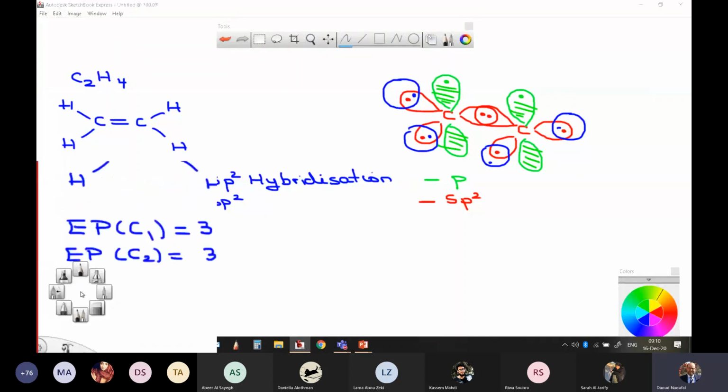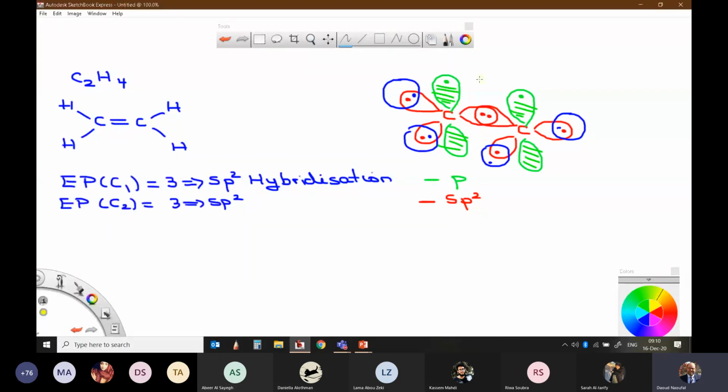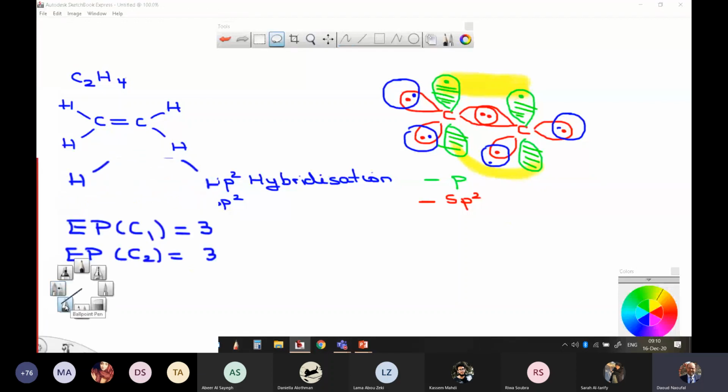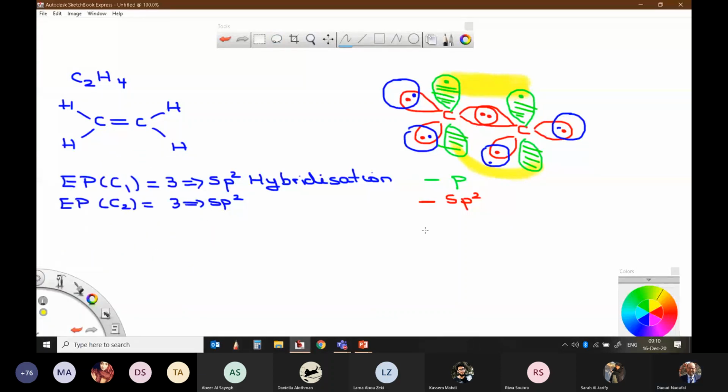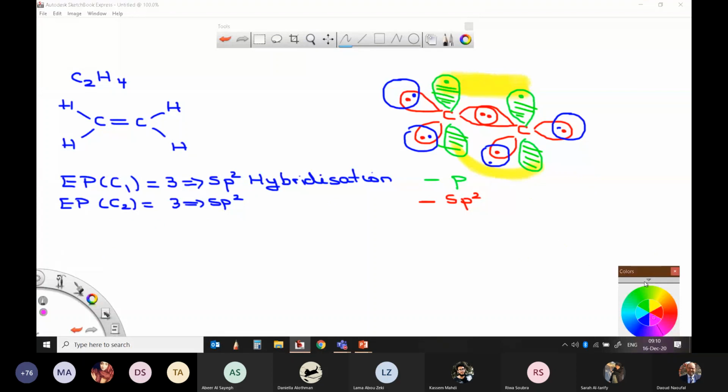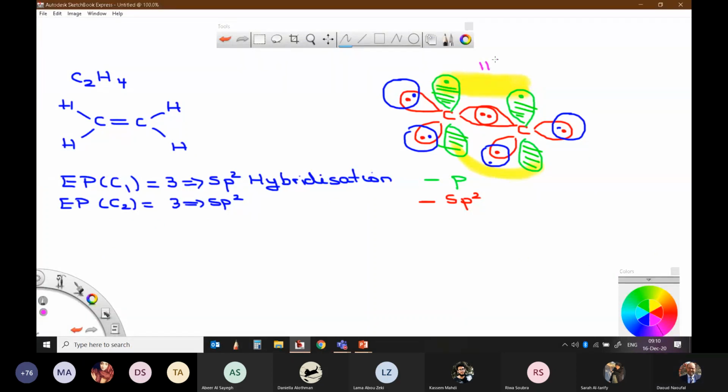So we will have a bond between these orbitals, and this bond is a parallel overlap. This is what we call the pi bond. It's one bond: P with P is 1 pi.